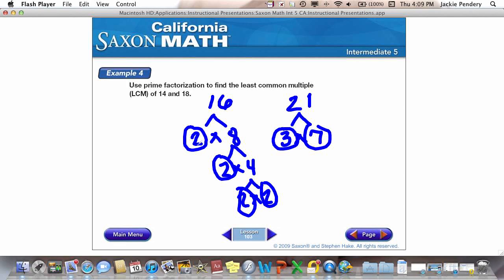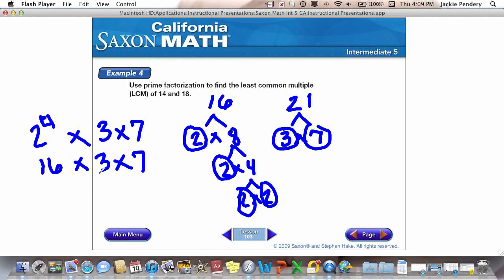So I'm going to take all 4 of these 2's and turn them into 2 to the 4th, times the 3 times the 7 in the 21. So 2 to the 4th is actually 16 times 3 times 7. I'm going to simplify this to 16 times 21.